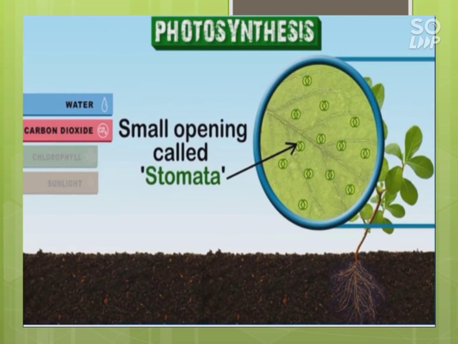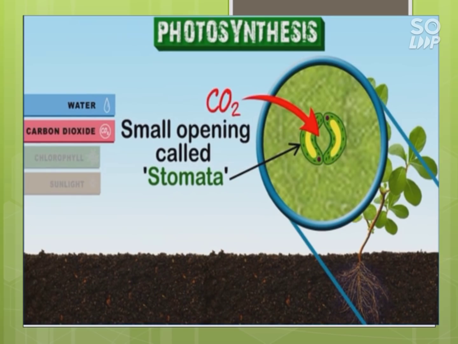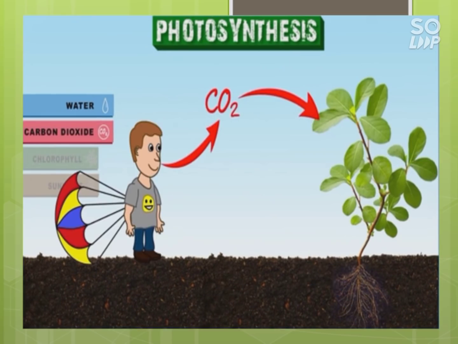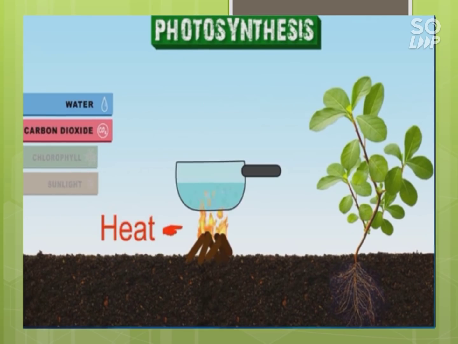These openings are the entry for carbon dioxide gas. So when we humans breathe out carbon dioxide, that carbon dioxide doesn't go to waste. Plants use a part of it to make their food and gain energy.